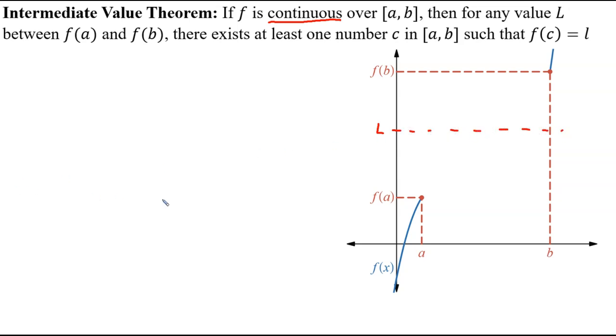Well, it'd be pretty easy to connect my dots here to finish this function off and make my function defined for all values of x. But by not being continuous, by having a jump discontinuity, I'm missing this L value here. There's no x between a and b that gives me that L out. So again, before I can apply the intermediate value theorem, I need to know my function is continuous over a and b.